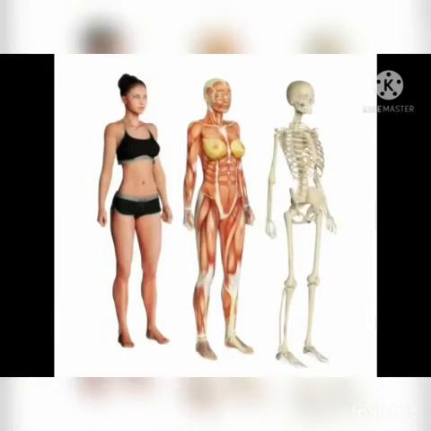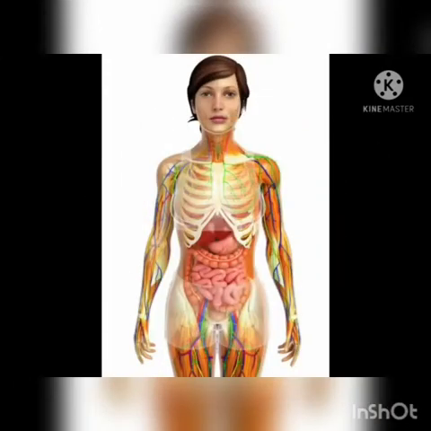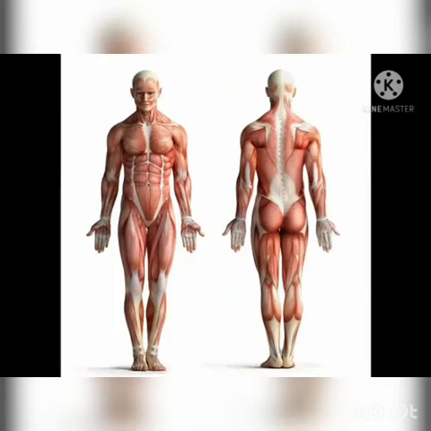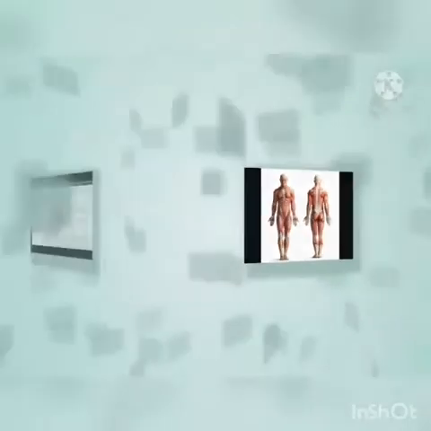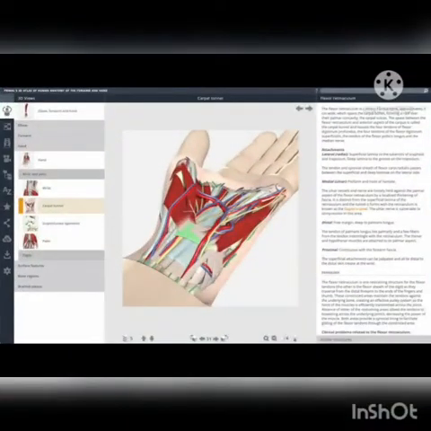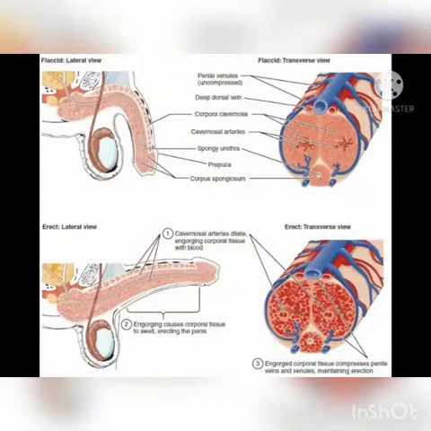Now first coming to the definition, what is anatomy? What do you mean by anatomy? You all know very well that when we talk about anatomy, immediately what comes to our mind is dissection, or the dissection classes which we encountered in the first MBBS course.